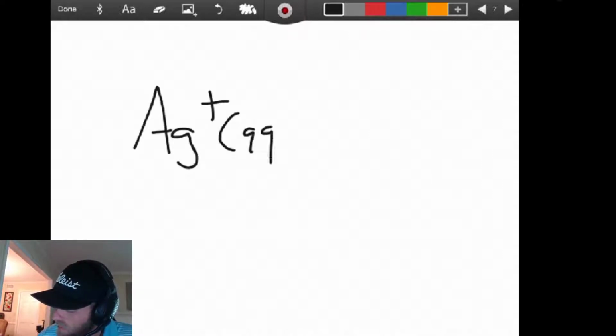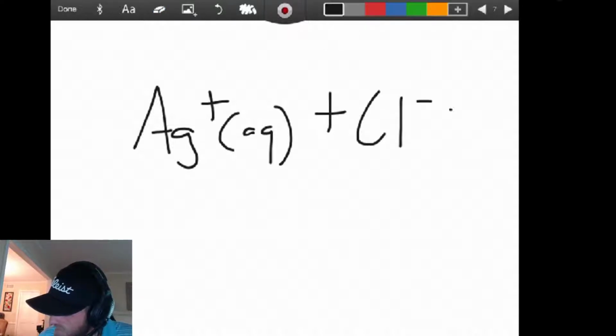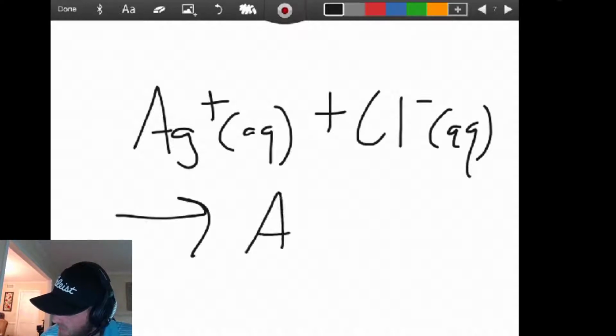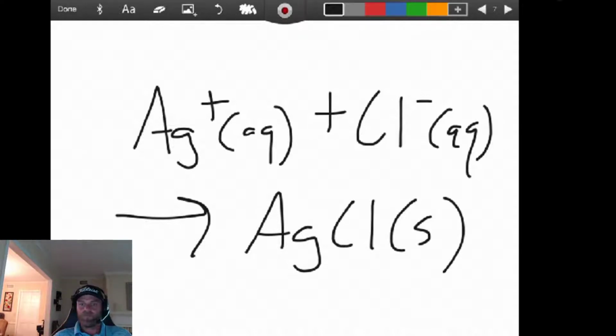My net ionic equation is going to be Ag plus Aq, my A and my Q look very similar, Aq plus Cl minus Aq yields AgCl solid. Okay, and that's my total net ionic equation.